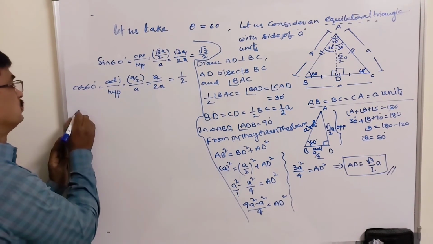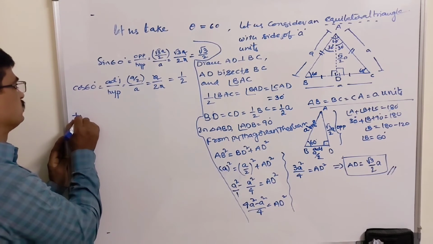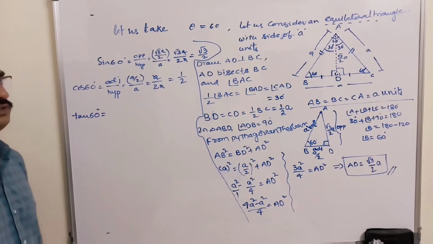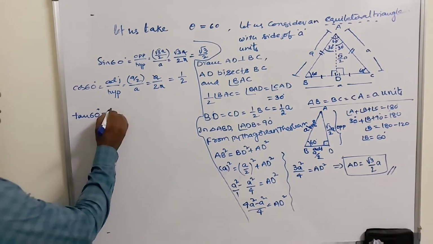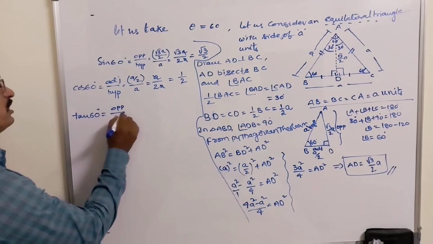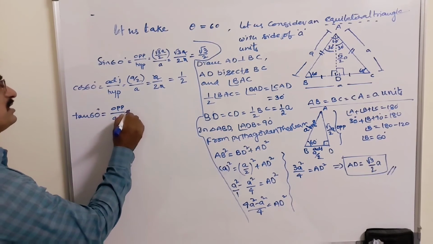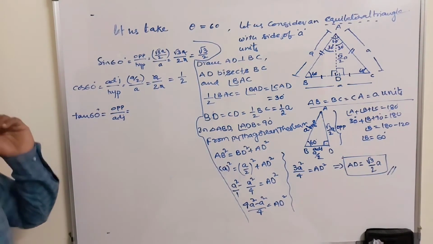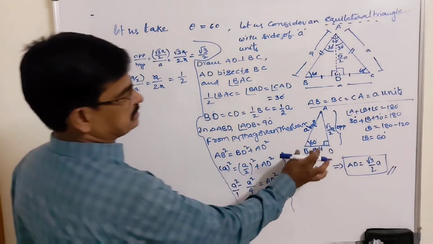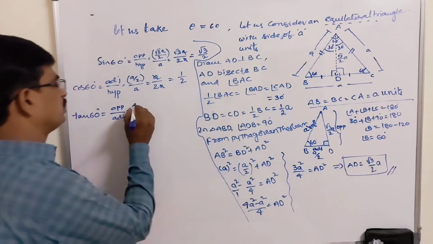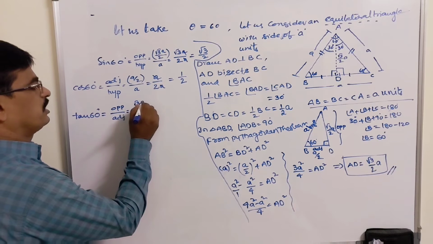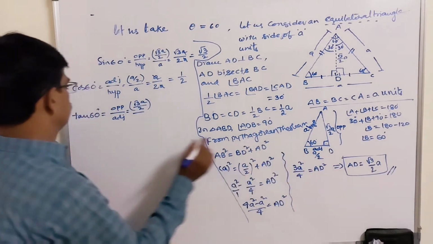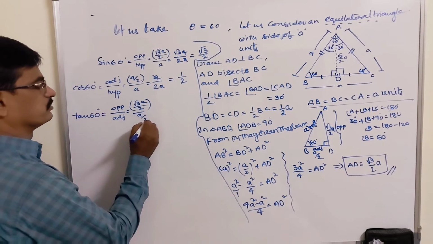Next, tan 60 degrees is equal to opposite side by adjacent side. Opposite side by adjacent side, right? So here opposite side is root 3 a by 2 by adjacent side is a by 2.